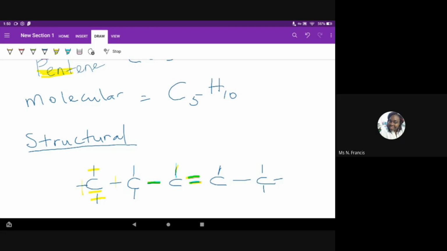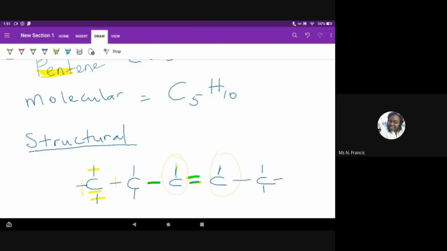Oftentimes I get this question about these 1-1 bonds, like here and here: Miss, do you always have to put it at the top? No, you don't have to. It can be placed at the top, at the bottom, or to the side, as long as they're surrounding the carbon atoms. Sometimes I put it on top because of space; on the board I need the bottom part.